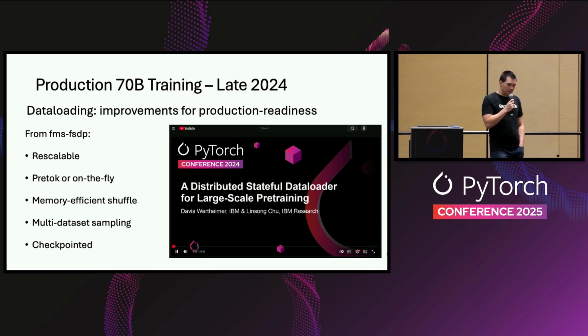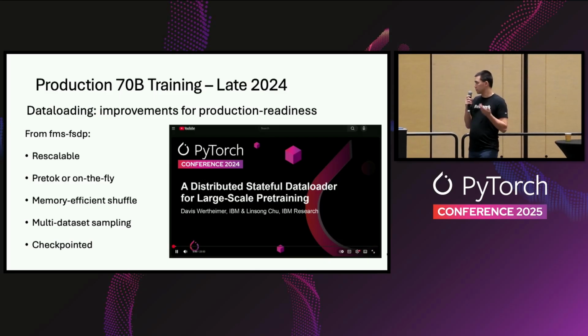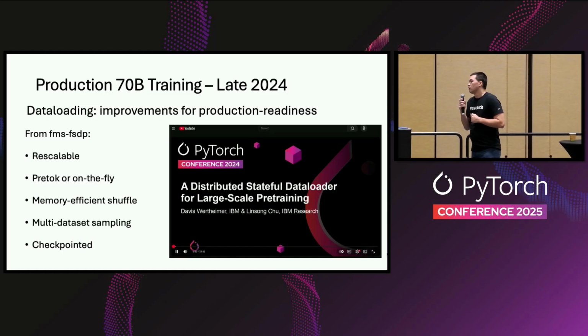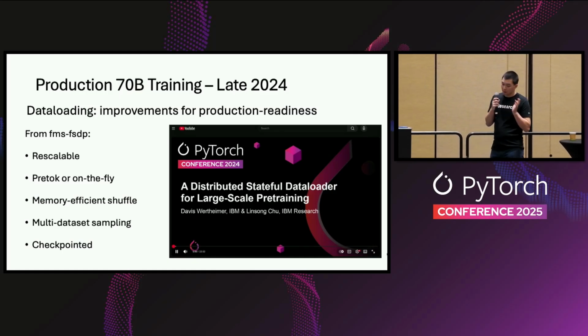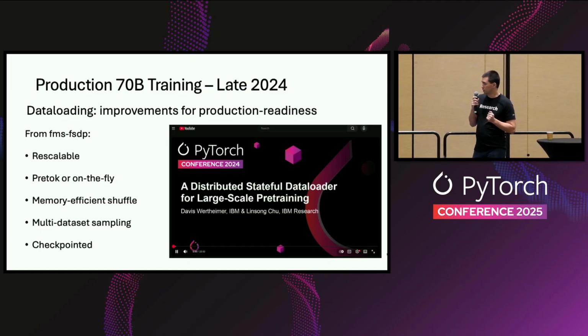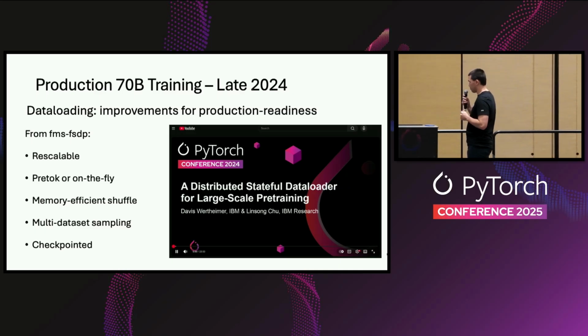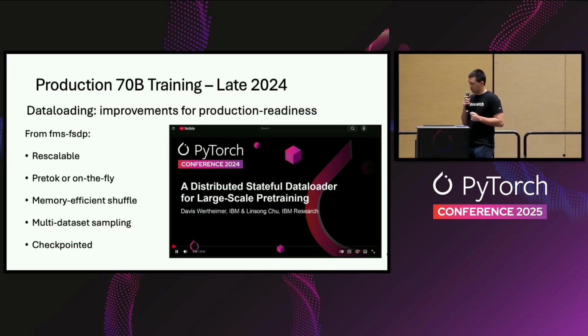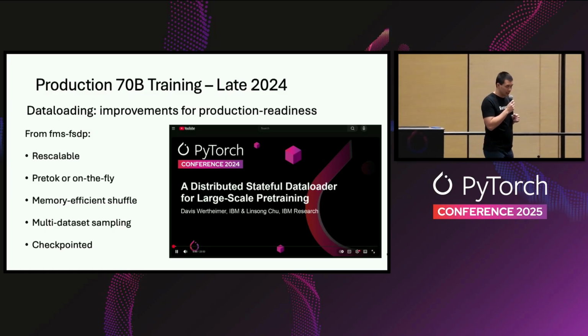It also is capable of other things like handling pre-tokenized data, or if you need to, it can tokenize on the fly. There is a very memory efficient shuffle. Some of the stock options in Torch have quite high memory constraints if you want to shuffle. There's also more advanced multi-data set sampling.